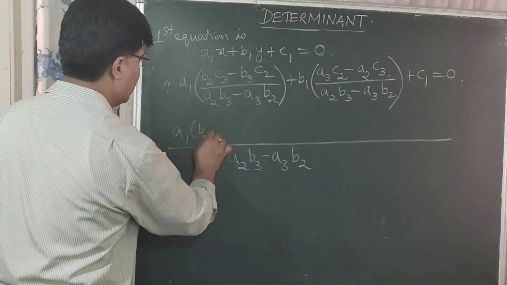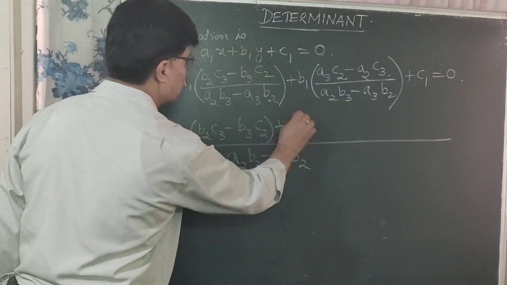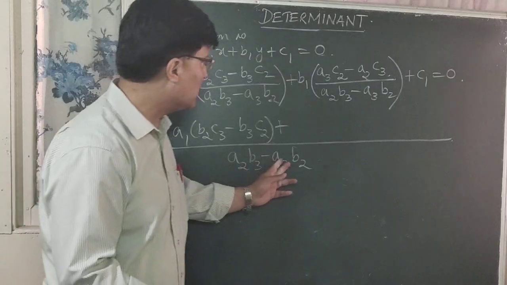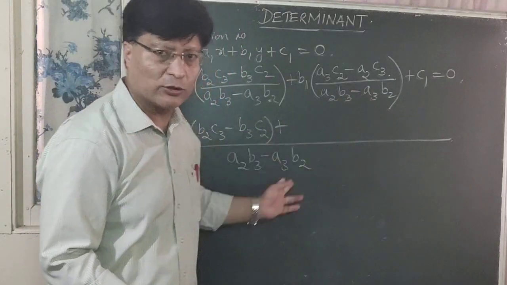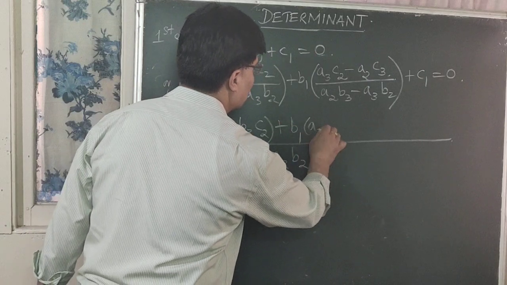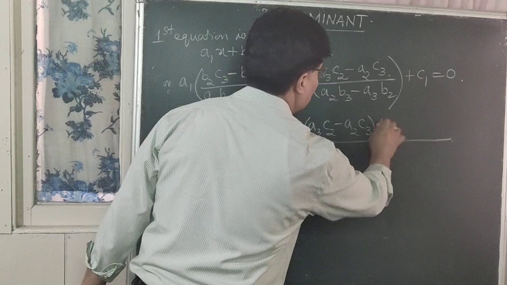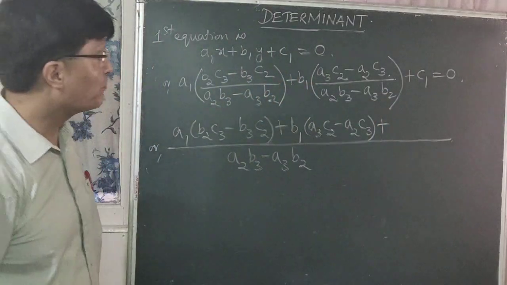A1 within bracket B2C3 minus B3C2 plus, again this LCM is divided by this denominator, it goes one time. So plus B1 within bracket A3C2 minus A2C3 plus, what is the last one?